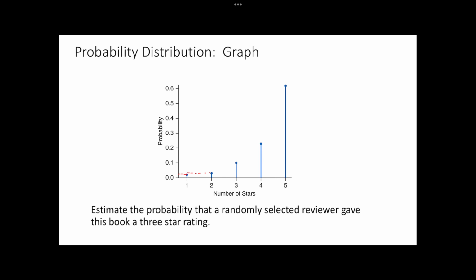These are the number of stars that a reviewer gave a book. And it gives me the probability of each of those occurring. Let's estimate the probability that a randomly selected reviewer gave this book a 3-star rating. Well, the 3-star rating is here, and so if I wanted to know the probability of getting a 3-star rating, I'm going to look over to the y-axis, and that looks a little under 0.1. So we're estimating, so we'd say that's about 0.1.